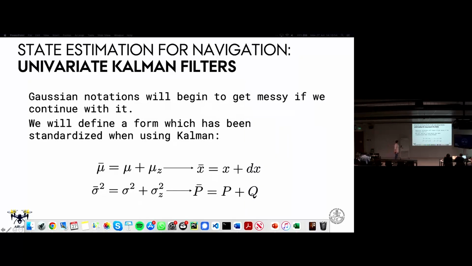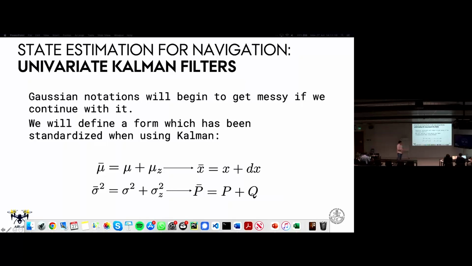So I'm going to make you even more confused because I'm now going to change notation, and this is by design. Kalman filter notation is, I think, notoriously different to how it's ultimately used.